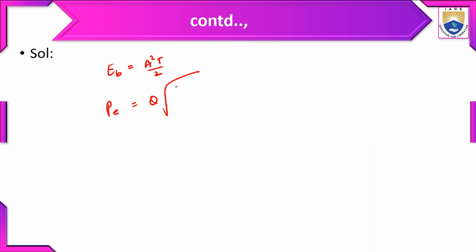Q of root EB by eta. So Q of, what is the EB value? A square T divided by 2 eta, which must be less than 10 to the power of minus 4. That means the probability of error must be in the limit of 10 to the power of minus 4.